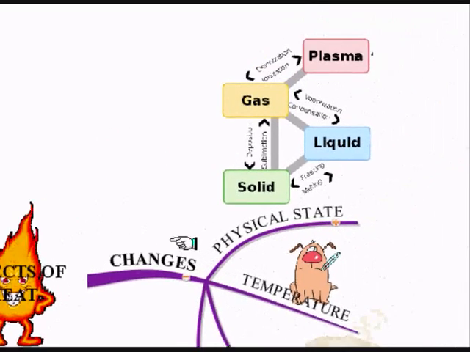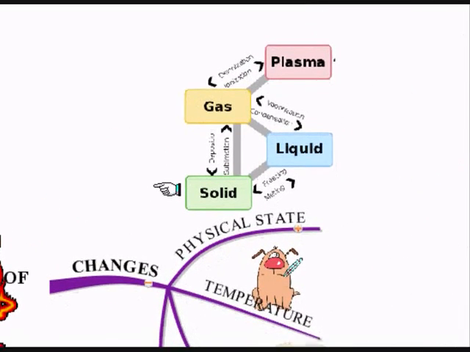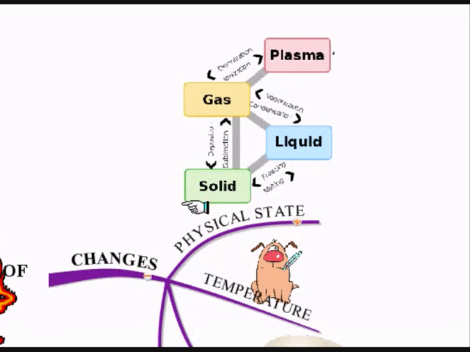Okay, let us see. The first main thing that will happen when you start heating a substance is the physical state of the substance will start changing. Think of some examples. The most common example is ice. If you start with water in its solid state, that is ice, and you start heating it, it changes to liquid state.